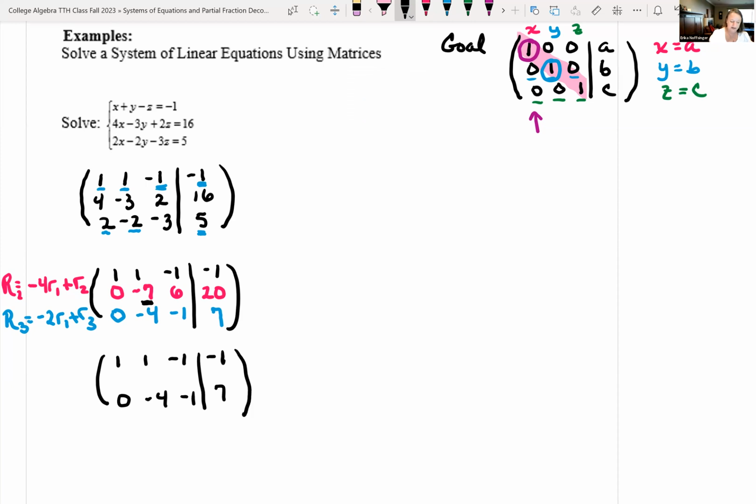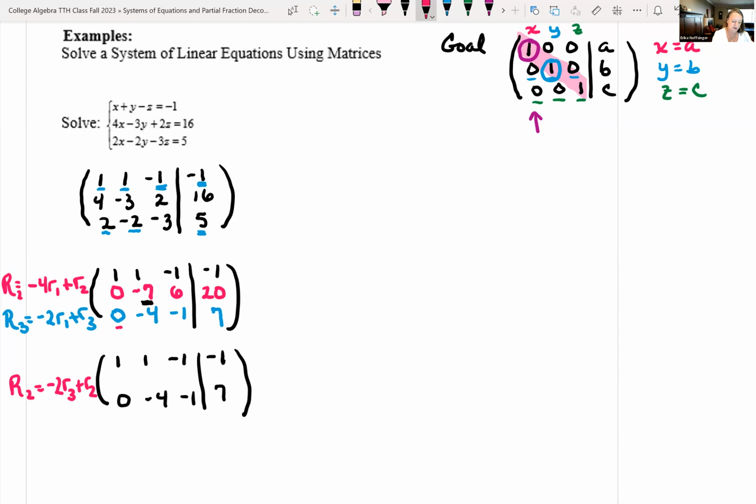So I'm manipulating this, and I'm changing my row 2. So my new row 2 I'm getting is equal to, we said, -2 times row 3 plus row 2.